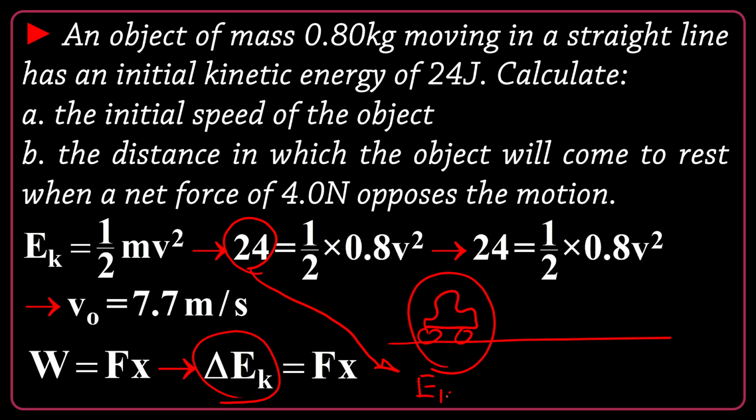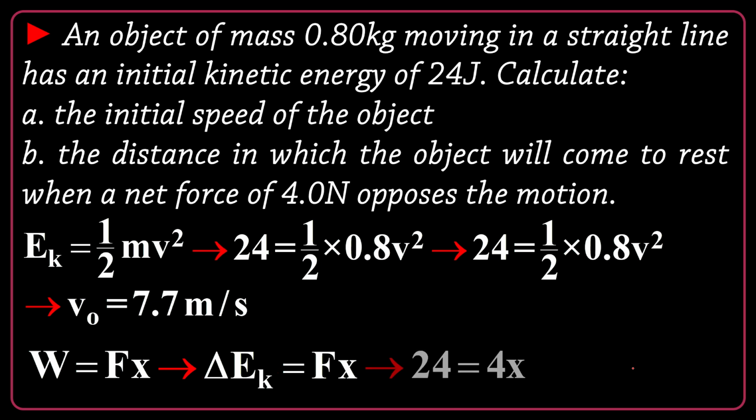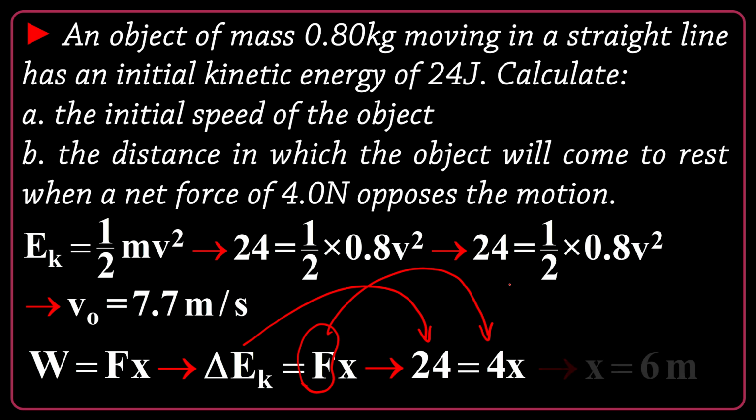So EK1 is 24 joules, and it stops. When it stops, the final kinetic energy is 0. So the magnitude of the change in kinetic energy is 24 minus 0. So it's 24 easily, because it comes to a stop. The opposing force is F, given as 4. X is the distance traveled. So it's going to be 6 meters.